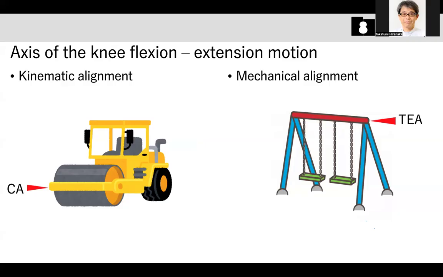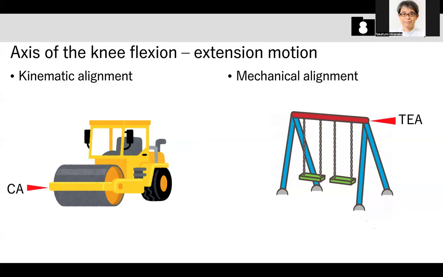So in kinematic alignment, the tibia moves around the femoral condyle, like a roller on the ground. On the other hand, in mechanical alignment, the knee motion is regarded as a swing.